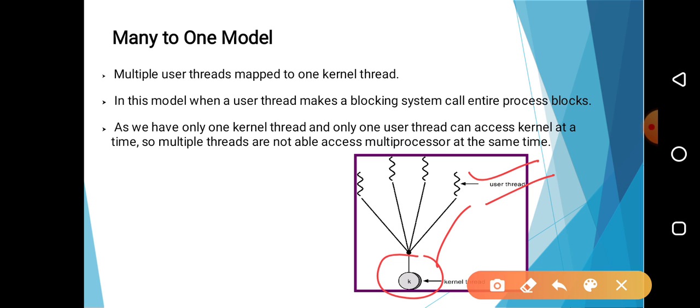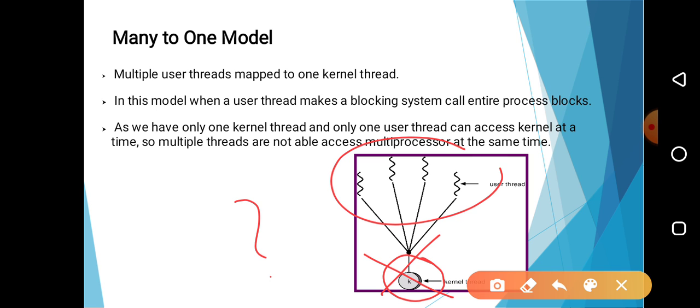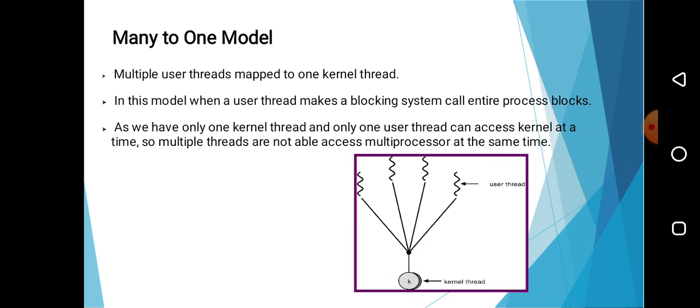It's easy to create because only one kernel thread is there and multiple user threads are there. But the disadvantage is, if the kernel thread blocks or fails, what will happen? The whole system will collapse. So this is the biggest disadvantage of the many-to-one model.